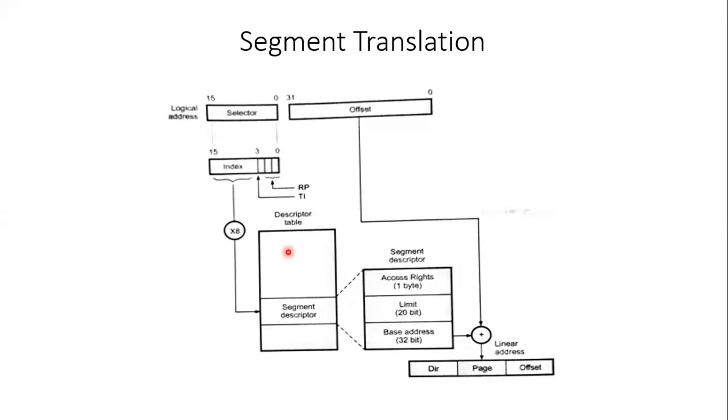But if the selector's privilege level is lower than the privilege level of the segment, suppose this is a segment, then the memory management unit will deny the access and send an interrupt signal to the CPU.